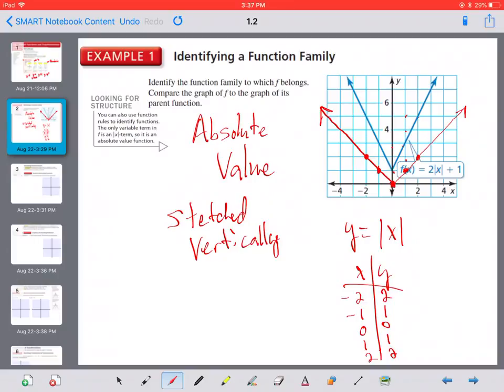Not only has it been stretched vertically, but this one's V hits the origin. This one's V hits at 0, 1. It's been moved up 1 place. And if you notice the equation, back here's +1, so this is the move up. And right here is a 2, this is the stretch part.